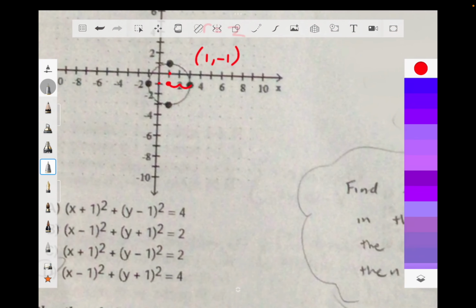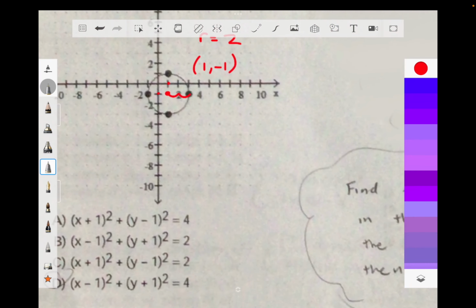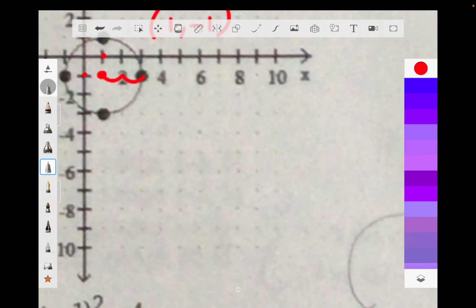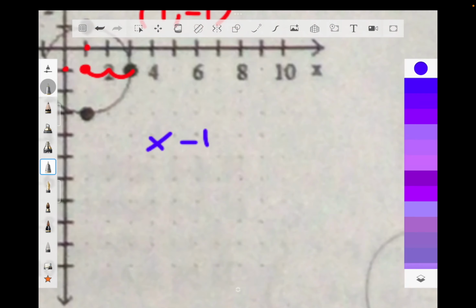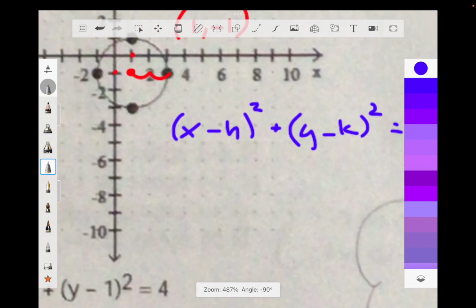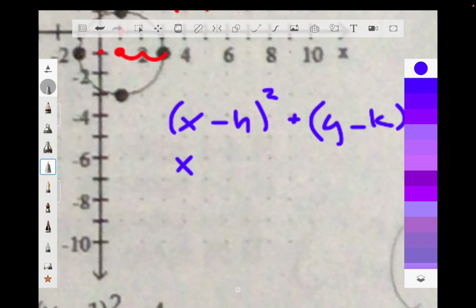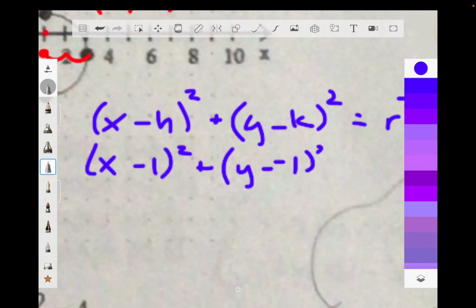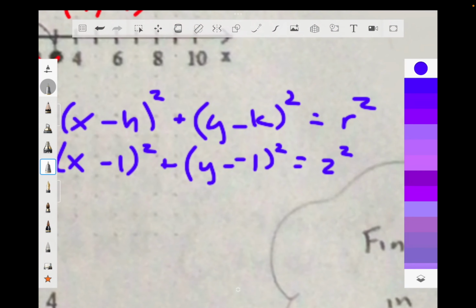And then we just plug it back into the circle equation, which again is x minus h squared plus y minus k squared equals r squared. Plug the h in, which is x minus 1 squared plus y minus -1 squared equals 2 squared, right?